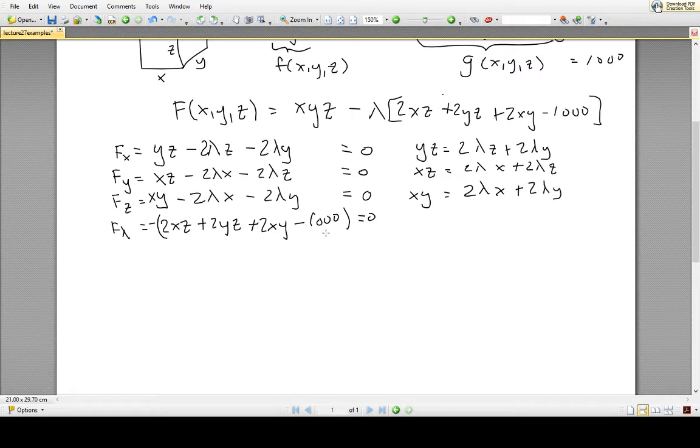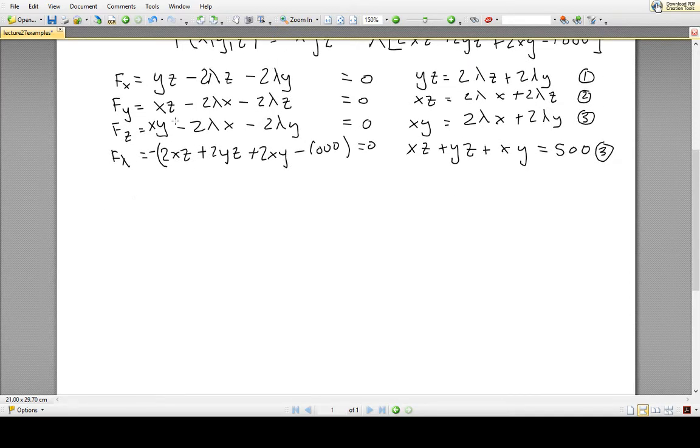And finally, after rearranging the last equation a little bit, I find that xz plus yz plus xy is equal to 500. So these are my 4 equations and 4 unknowns, and I'm going to label them: equation 1, equation 2, equation 3, and equation 4.